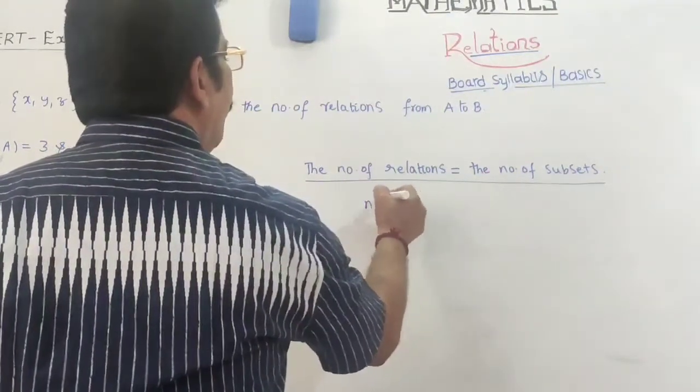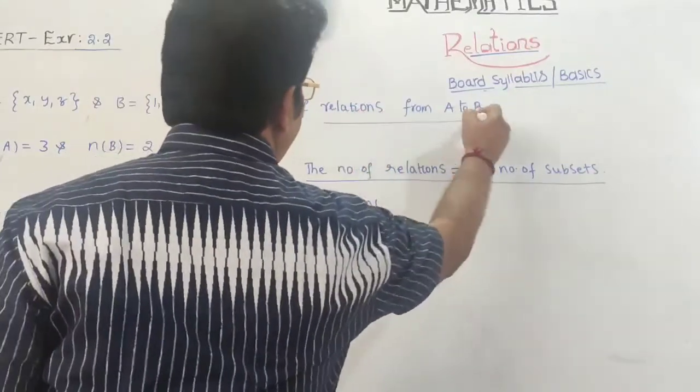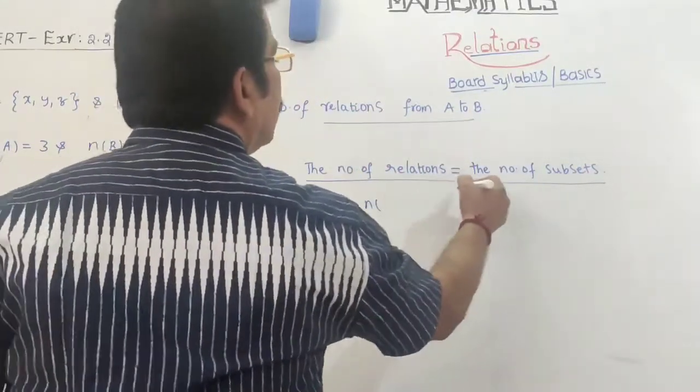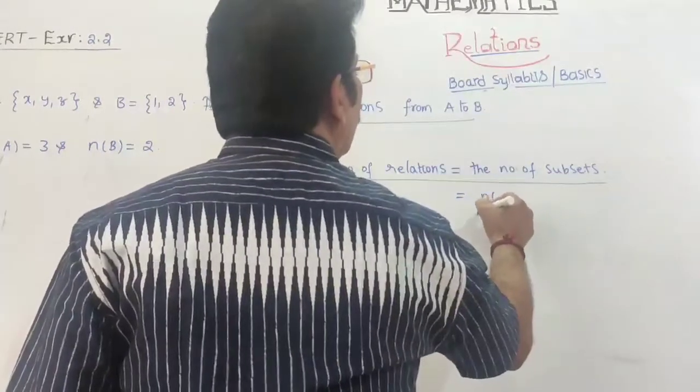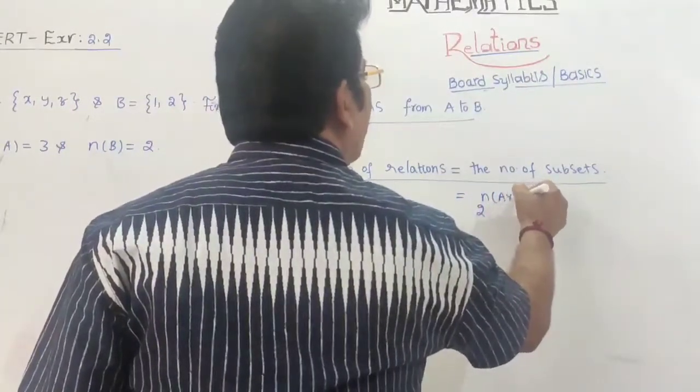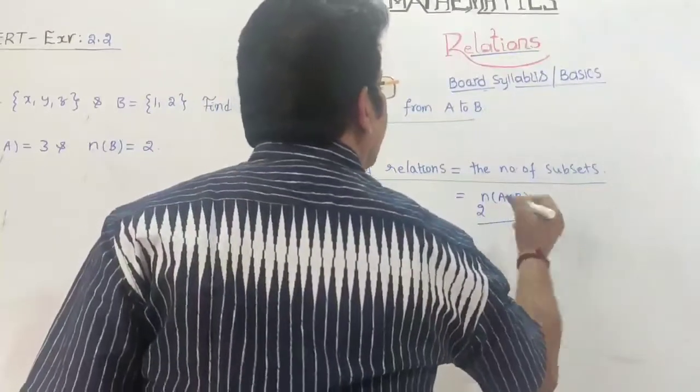Here n(A cross B), the relation is from A cross B. Therefore, the number of relations means we are using 2 power n(A cross B). This is the formula.